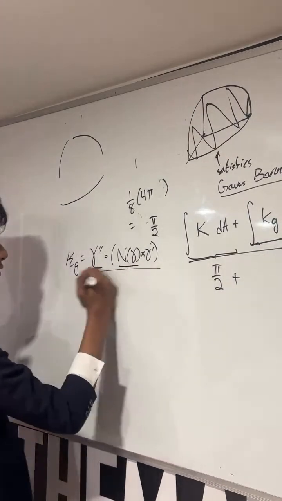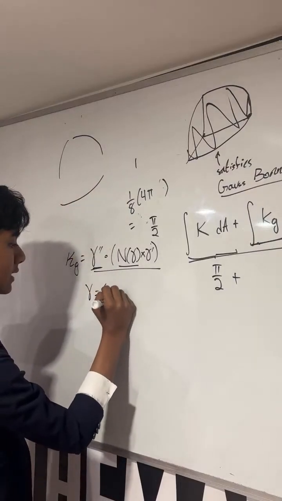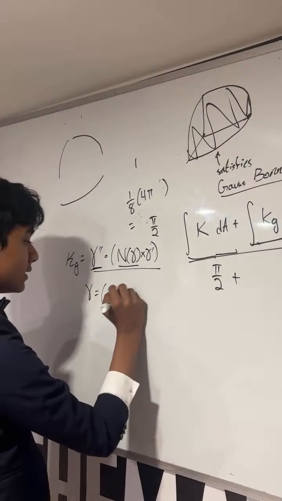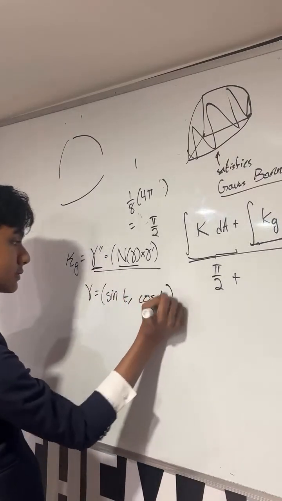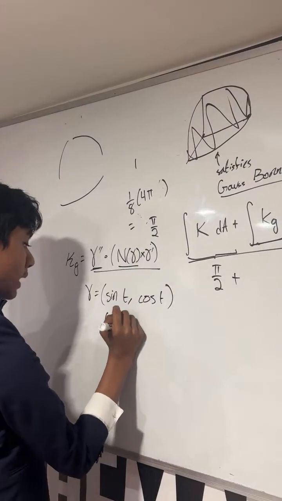So, what does that look like here? Well, the quarter circle can be parametrized as just sine t, cosine t. And so its double derivative would be minus sine t, minus cosine t.